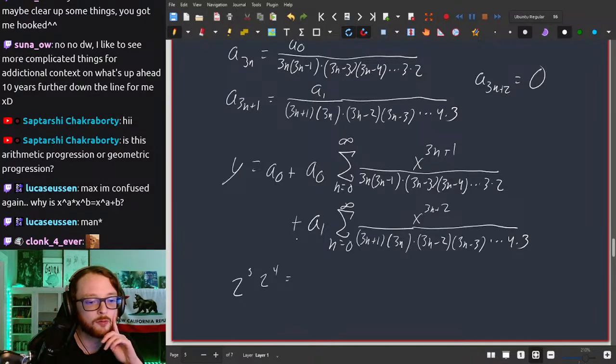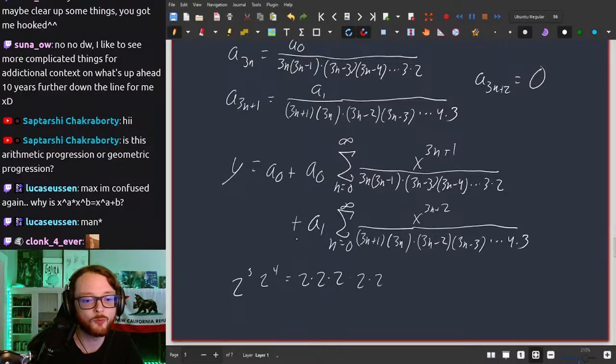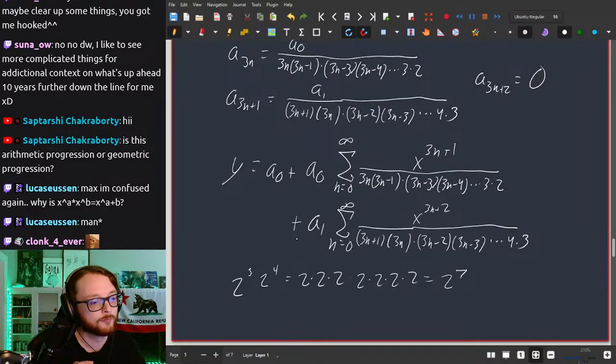Oh, okay, because you could write 2 cubed as 2 times 2 times 2, and 2 to the 4th as 2 times 2 times 2 times 2. So you could then regroup these to be 2 to the 7. And so I think you do the same thing with the a's and b's, you just get dot dot dots.